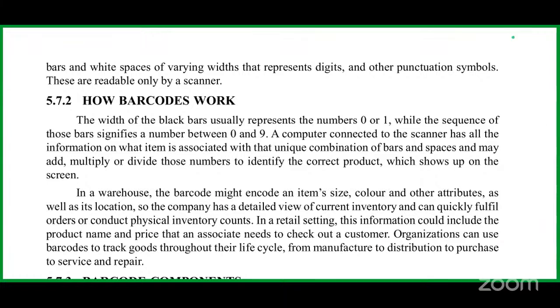It is a unique combination of bars and spaces, and it won't be similar for each product. It changes from product to product. The scanner may add, multiply or divide those numbers to identify the correct product, which is visible on the screen.